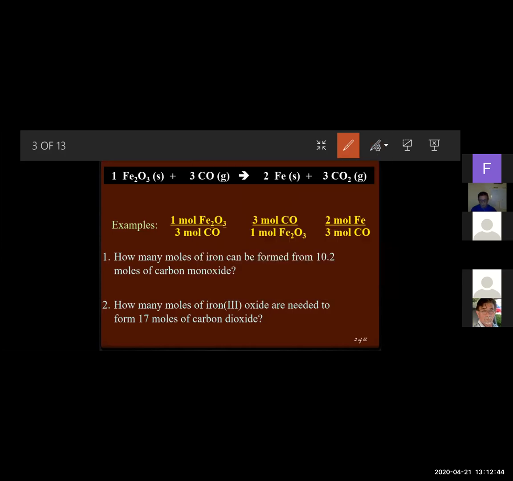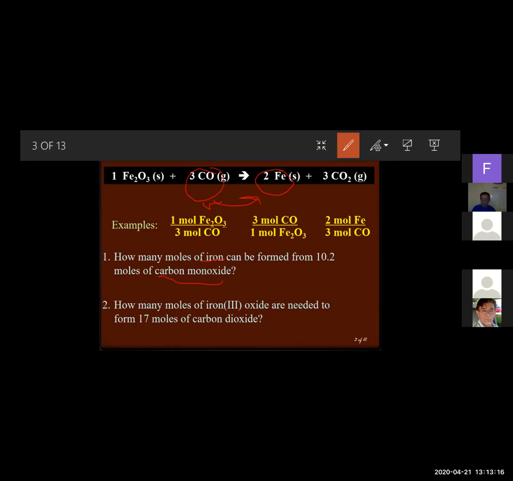let me erase some of that. They're asking you, let's look at question number 1. It says, how many moles of iron can be formed from 10.2 moles of carbon monoxide? And so they're asking to look at iron and carbon monoxide. So what we're concerned about is that relationship only.